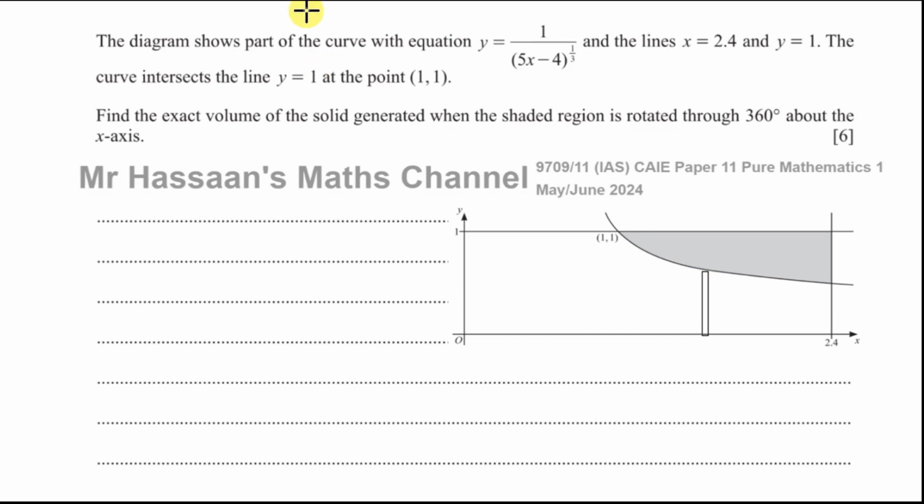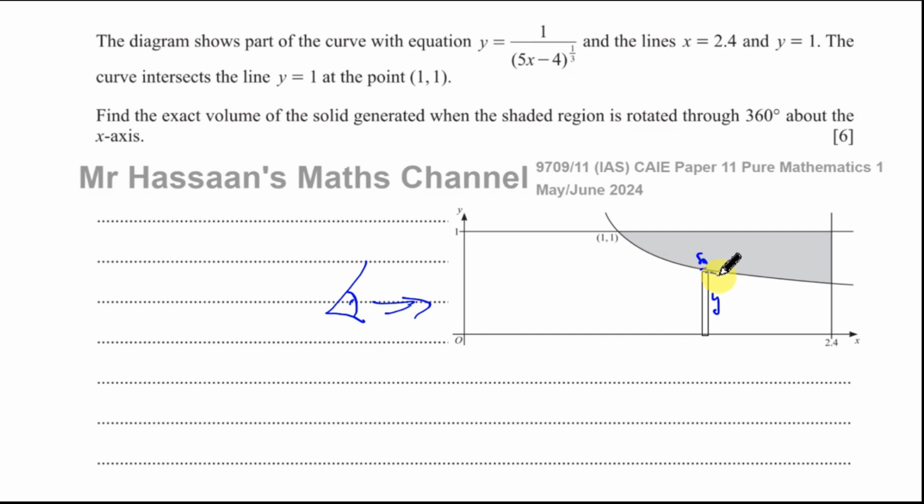Very, very thin strip. And this strip, its height is the y value of that point. So its height is y. And its width is a small, tiny amount along the x-axis, which we call dx. So if we were to rotate this strip around the x-axis, if you're looking from this direction, what you'll see as this rotates around the x-axis is basically a cylinder forming.